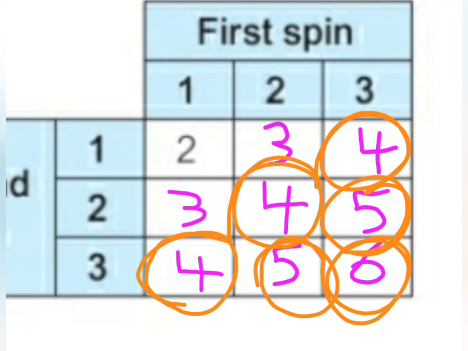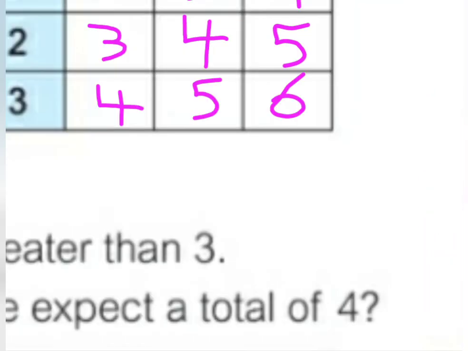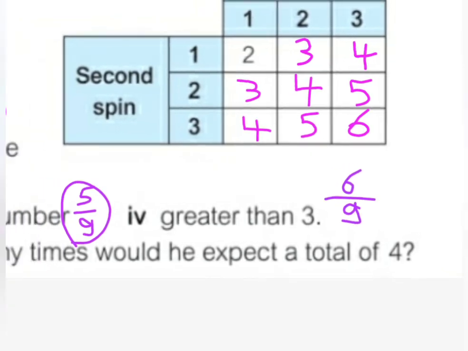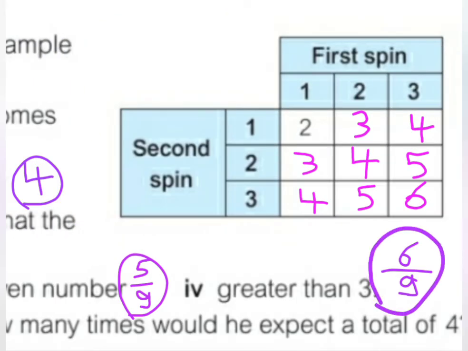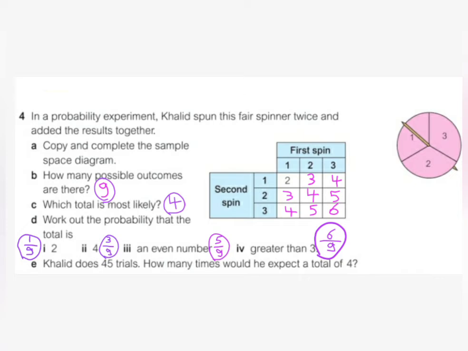So the probability of having a number greater than 3 is what? Very good. It's 6 over 9. Let's write it here. After writing the probabilities, you can simplify them, or you can leave them the same. It's okay. It's not a problem.